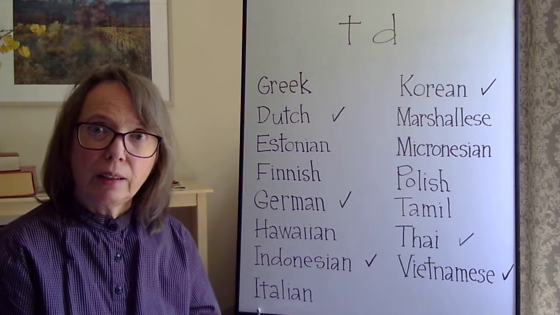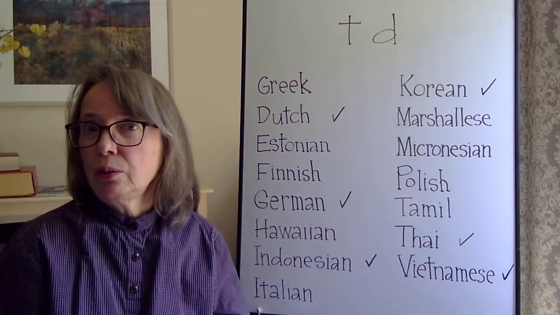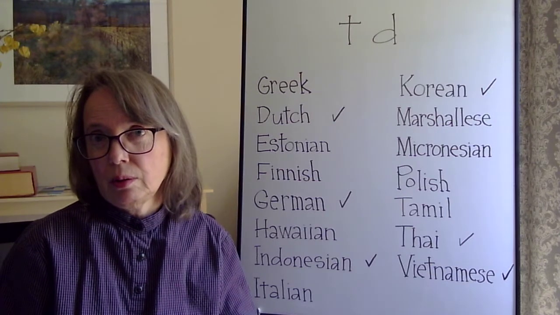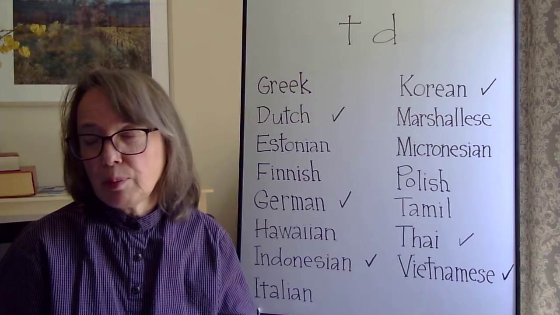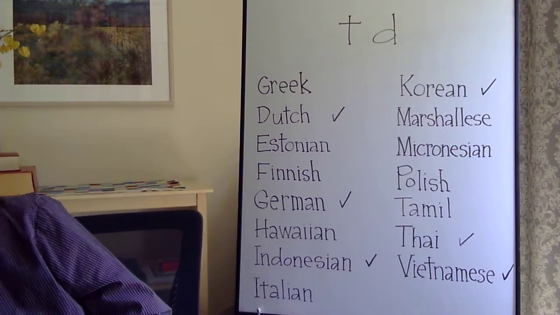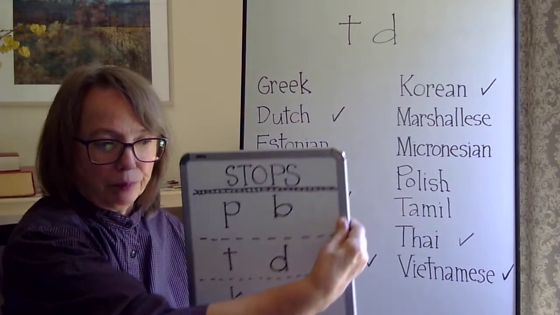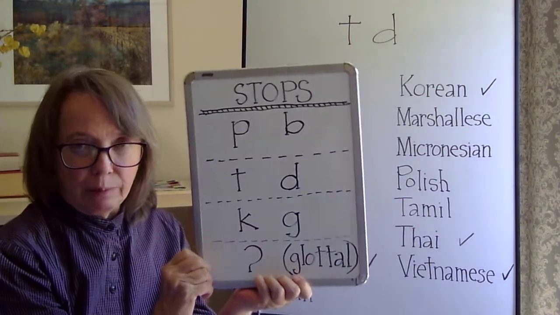Now, T and D belong to a group of sounds called stops. There are 7.